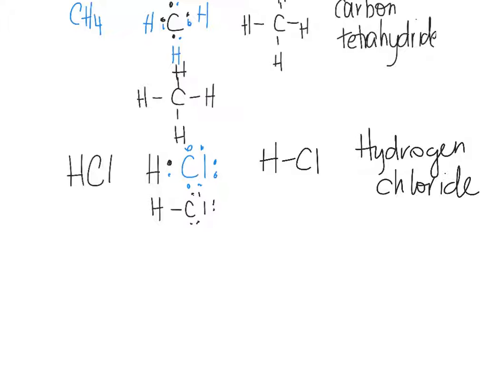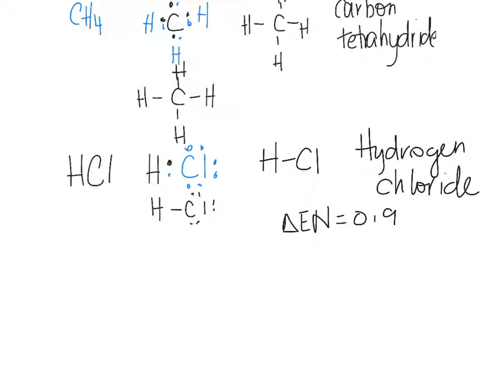So, what is the electronegativity of chlorine? Oh, chlorine is 3. What is hydrogen? 2.1. So the difference is 0.9. So the bond between hydrogen and chlorine is polar.